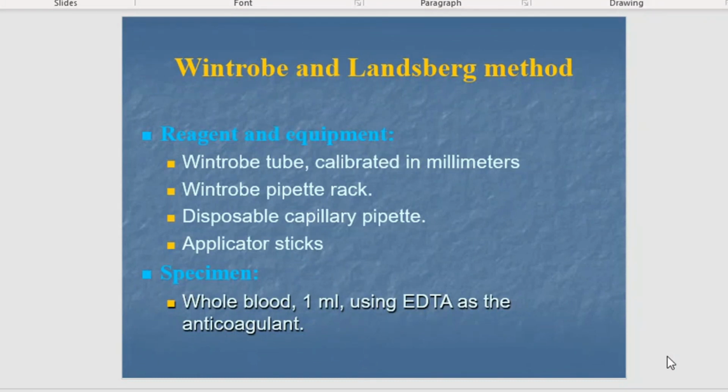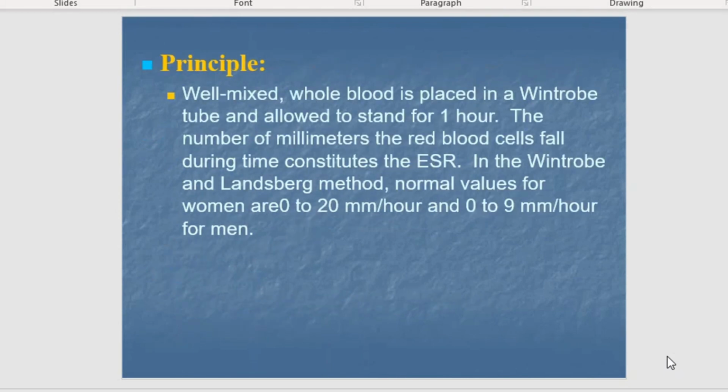Usually we need only 1 ml, using EDTA as the anticoagulant. The principle behind this method is that well mixed whole blood is placed in a Winthrop tube and allowed to stand for 1 hour. The number of millimeters the red blood cells fall during this constitutes the ESR.